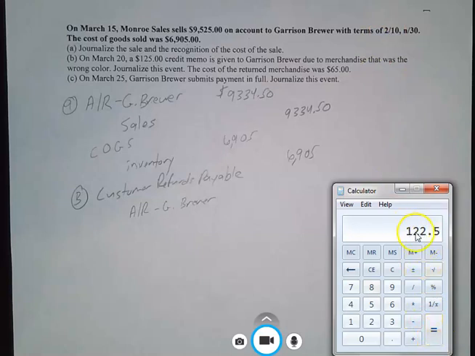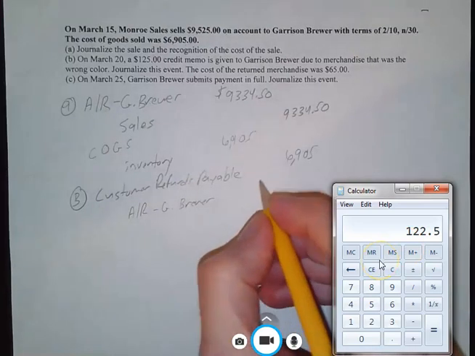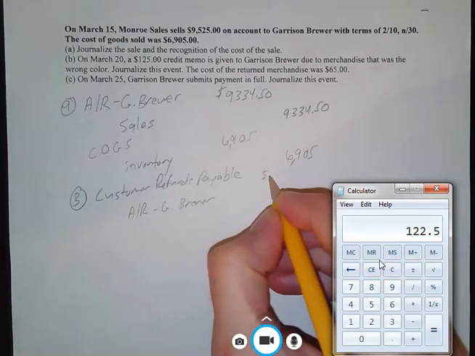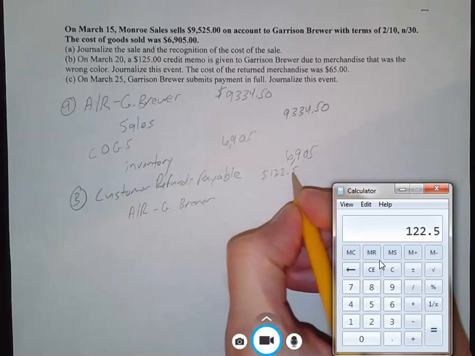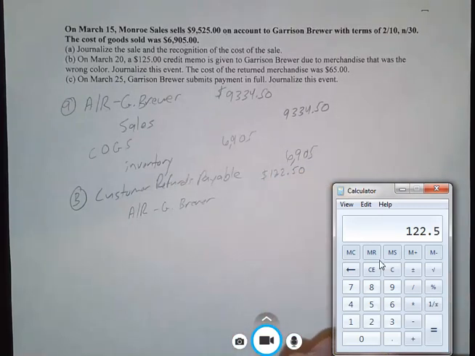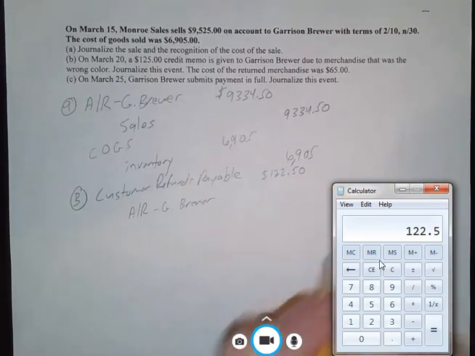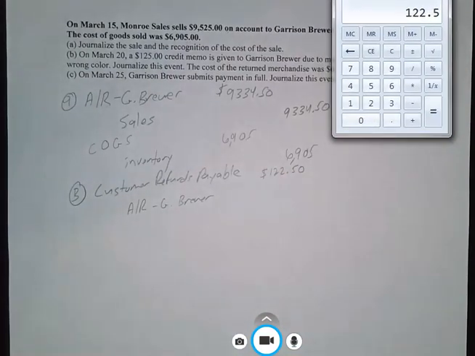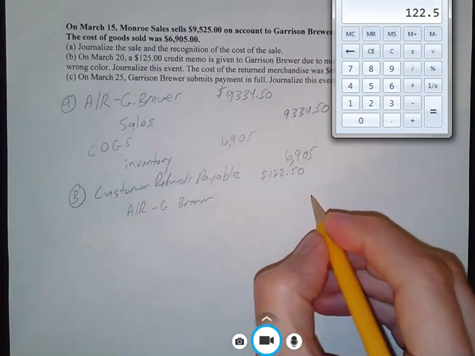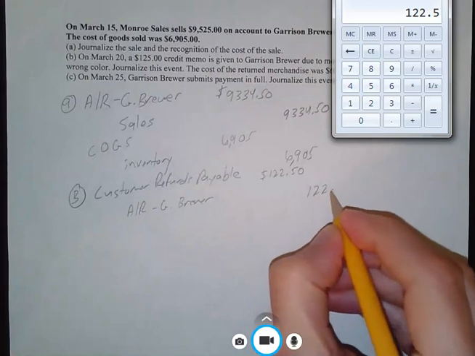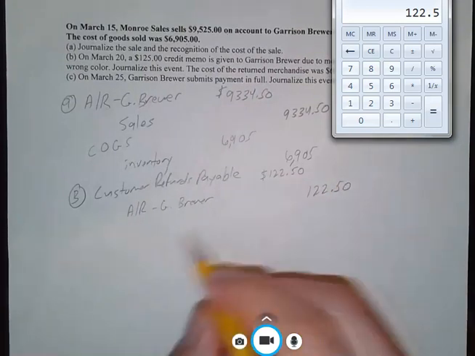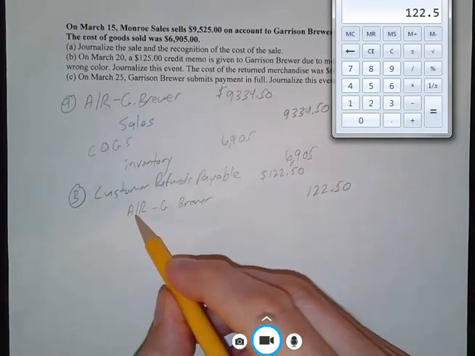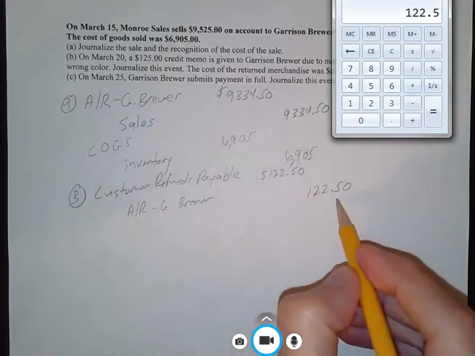If we do that, we come up with $122.50. So we're going to debit customer refunds payable for $122.50, and we're also going to credit accounts receivable for $122.50.